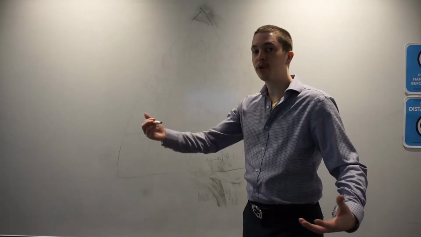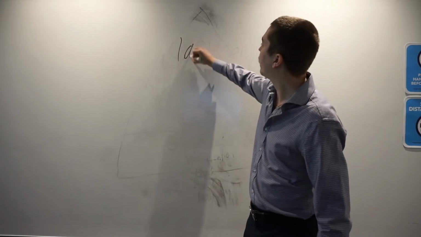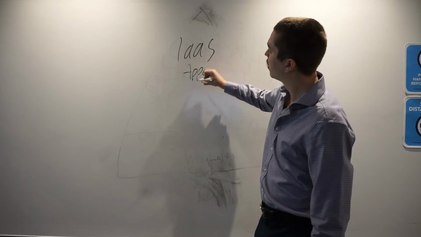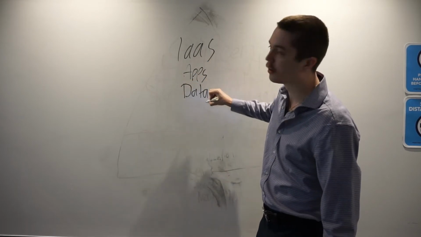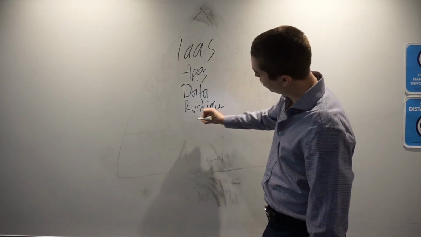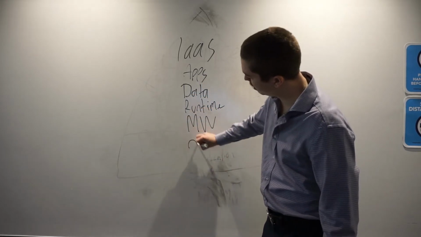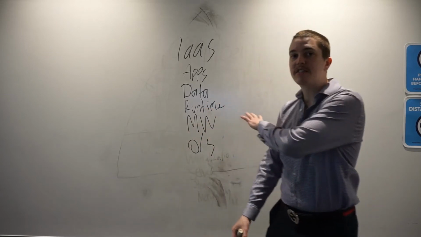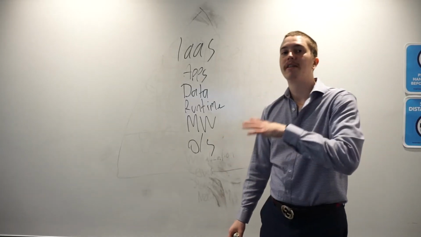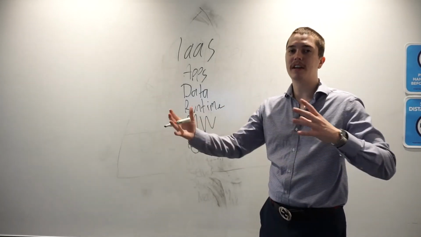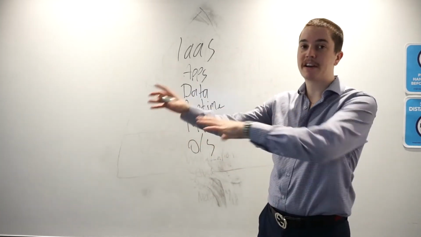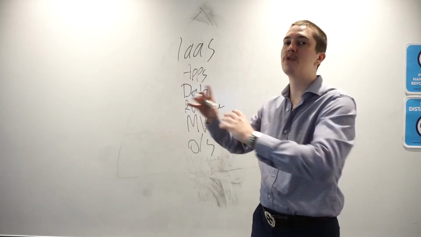So now let's go to Infrastructure as a Service, IaaS. With infrastructure, you manage the apps, you manage the data, you manage the runtime, the middleware, and the operating system. So you manage these things, but the virtualization, the storage, the networking, the HVAC stuff, the real estate, all of the physical security of the data center is now all Microsoft's responsibility, or Amazon, or whoever your cloud provider is.